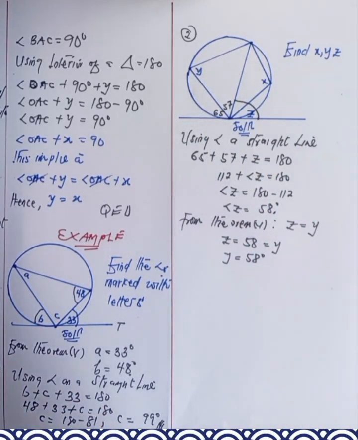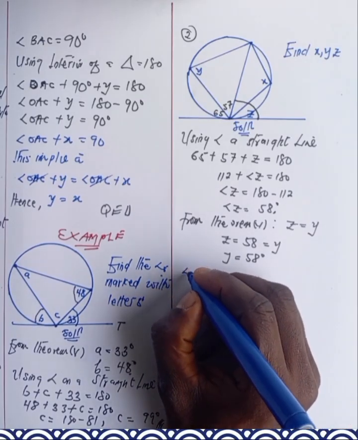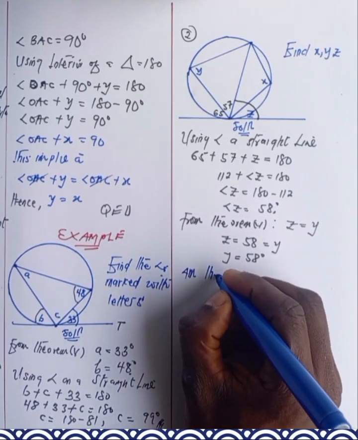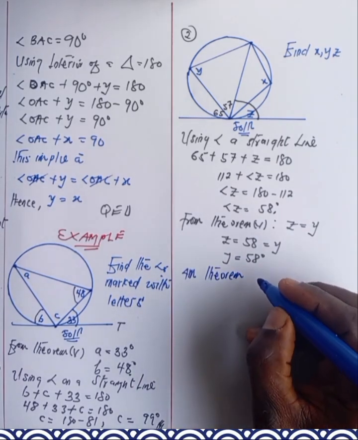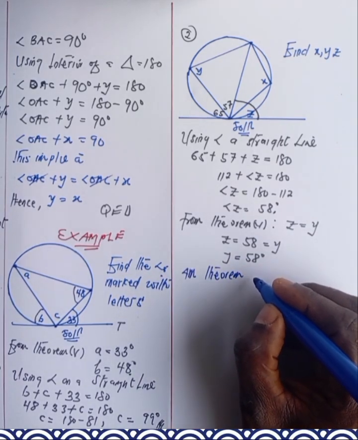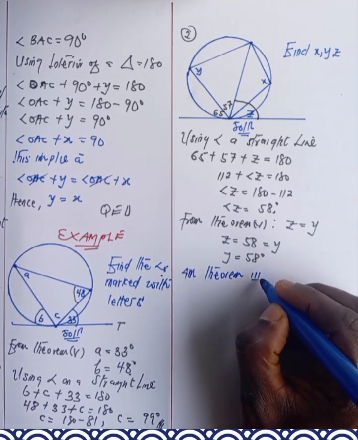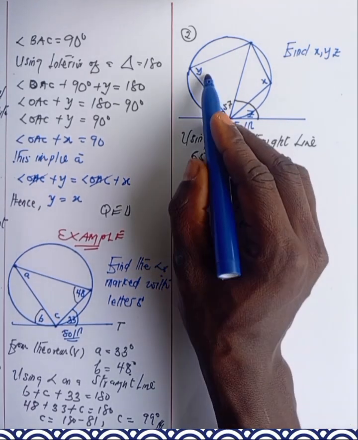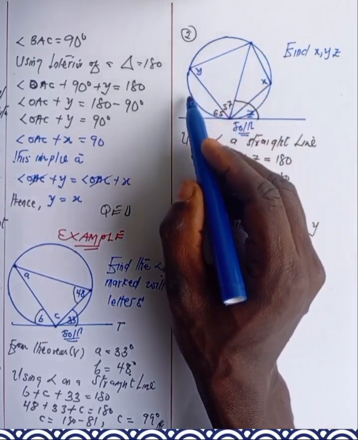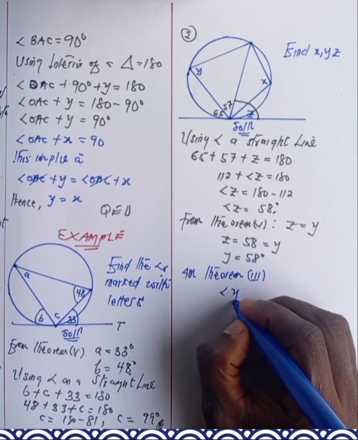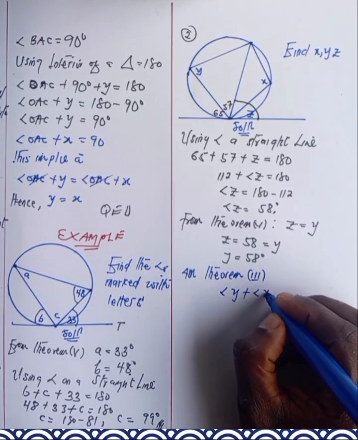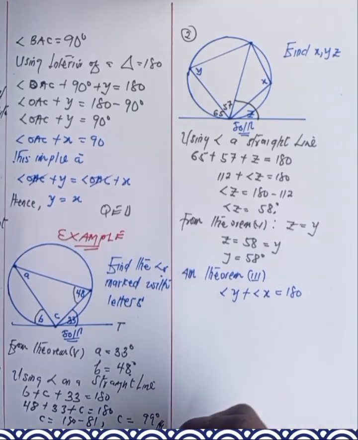So from theorem 3, which says that the opposite angles of a cyclic quadrilateral are supplementary, angle y plus angle x is equal to 180.